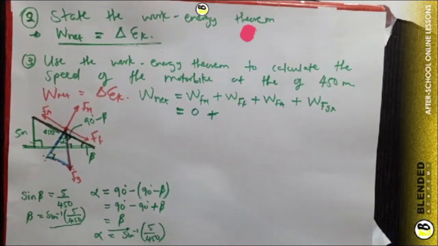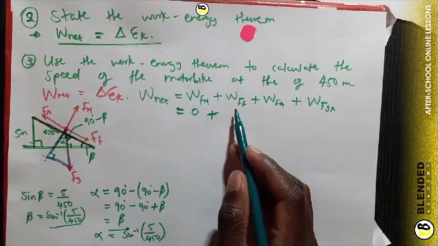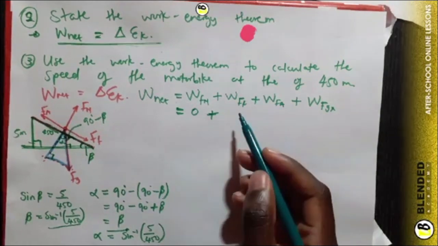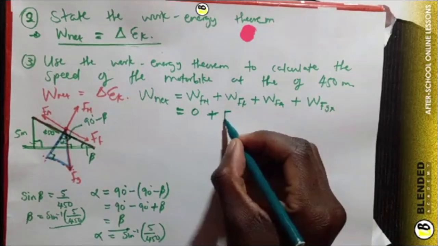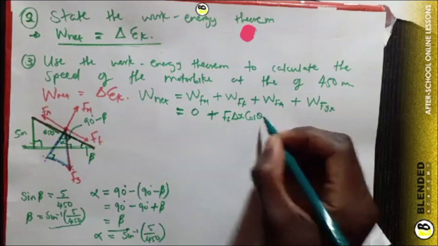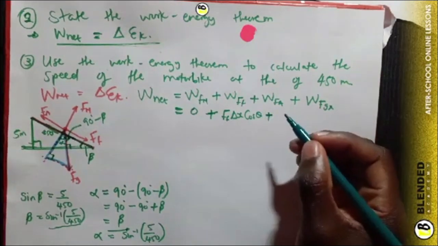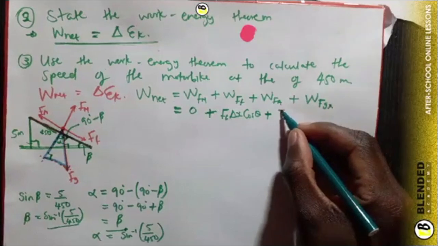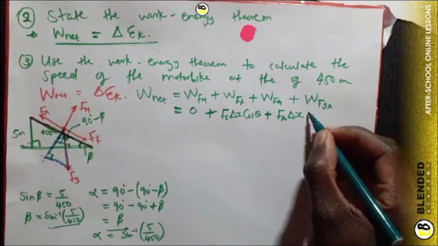Now let's move on to work done by the frictional force. For work done by the frictional force, it's the frictional force multiplied by the displacement, cos theta. I'm going to put in the values in a moment. And then for the applied force, we're going to have applied force multiplied by the displacement, cos theta.